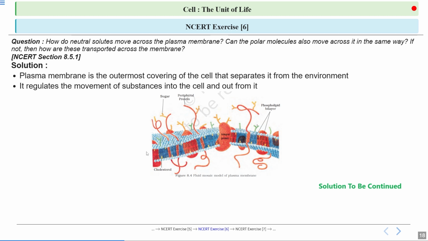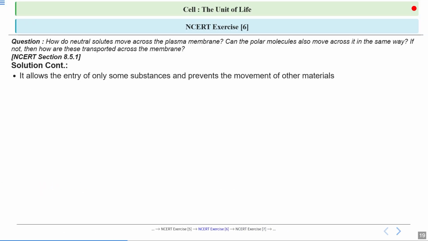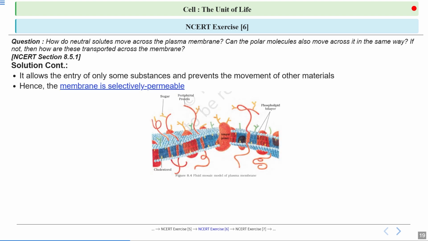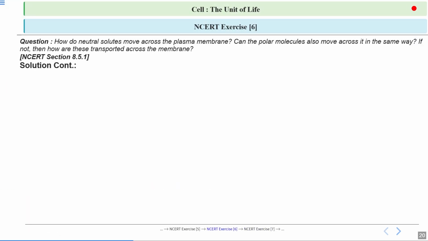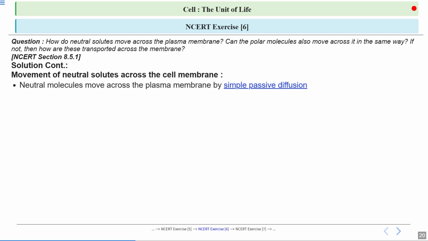So how will neutral and polar molecules travel across the plasma membrane? The plasma membrane is selectively permeable. It allows only some substances to pass through it. How do the neutral solutes travel across the cell membrane?